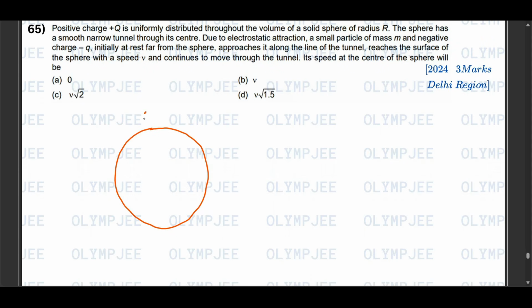So this is the sphere with charge q, and there is a tunnel through its center. This is the center, and this is the charge of mass m and negative charge minus q. So it is initially at rest, right?